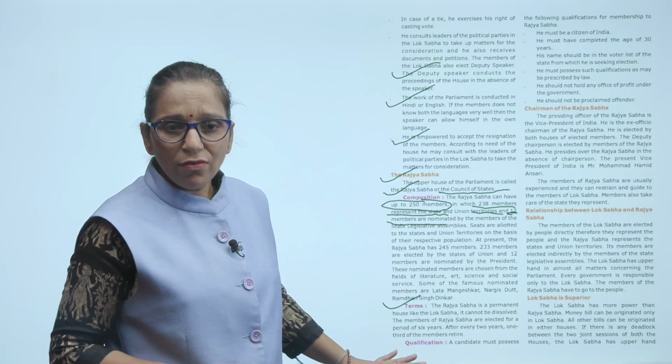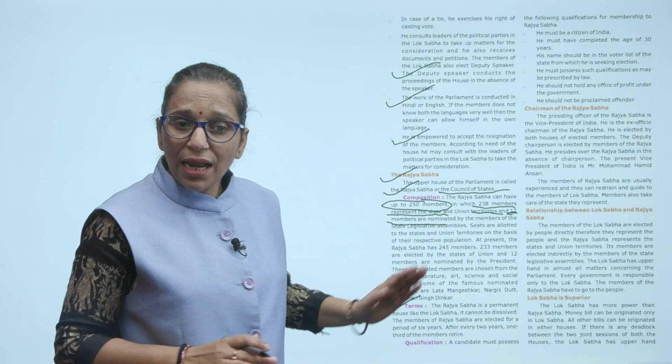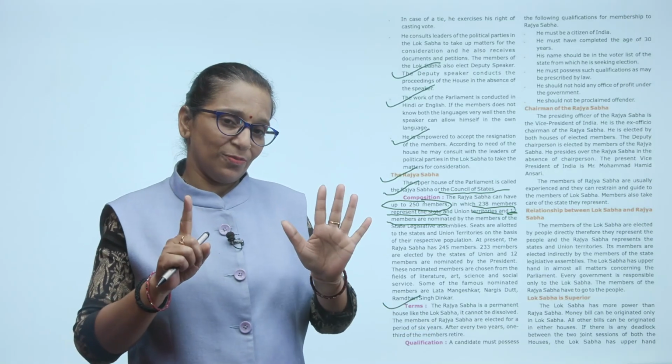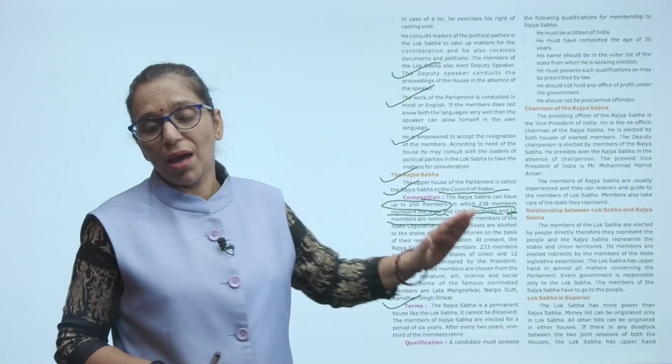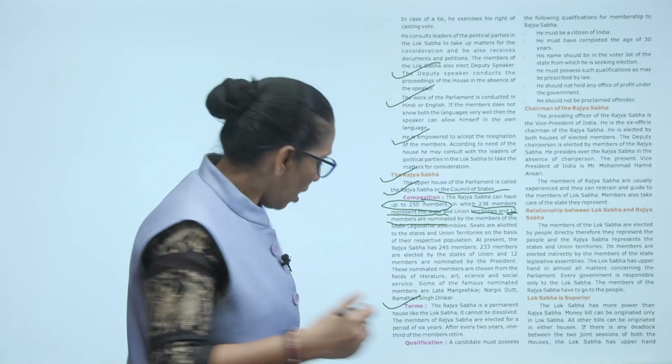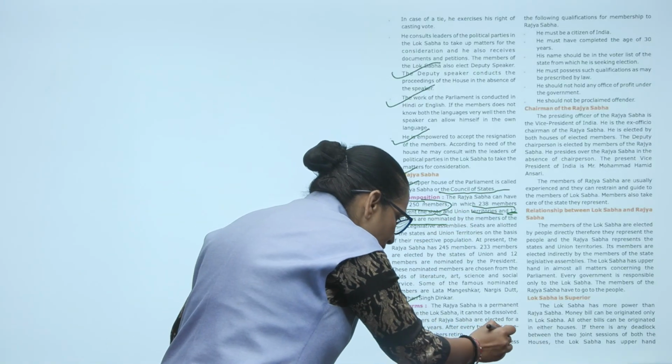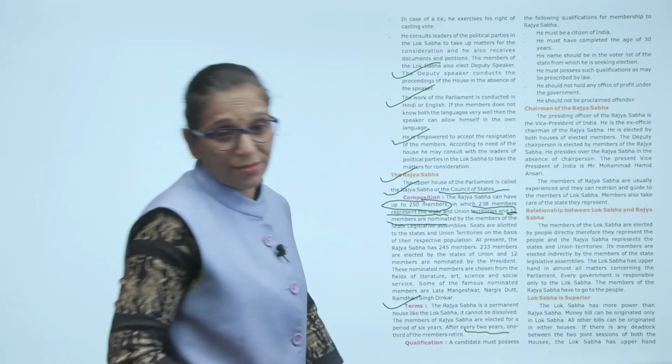The members of Rajya Sabha are elected for a period of 6 years, and 1/3 of the members retire after every 2 years.